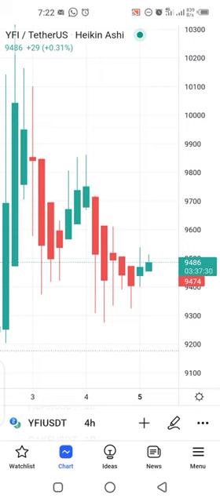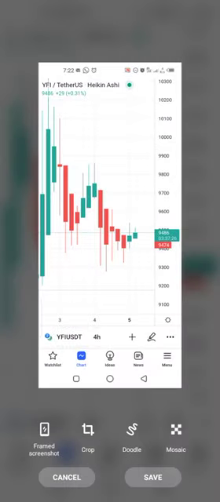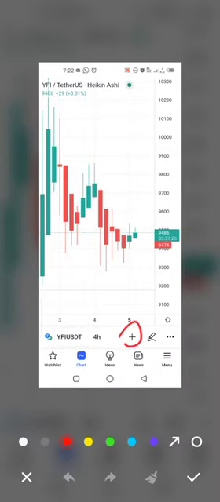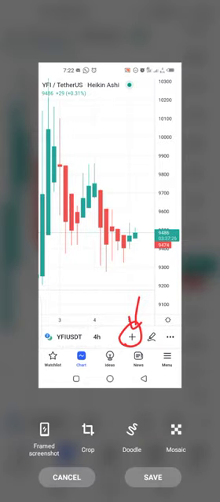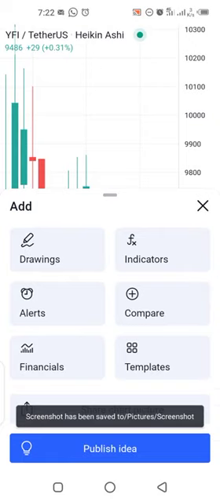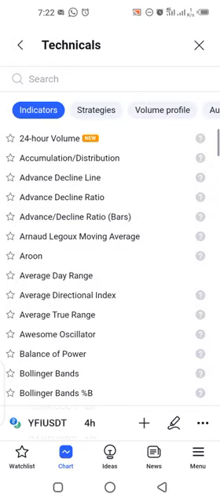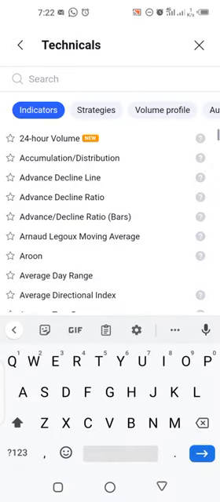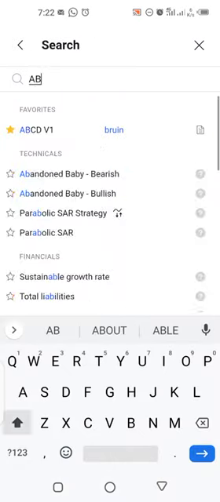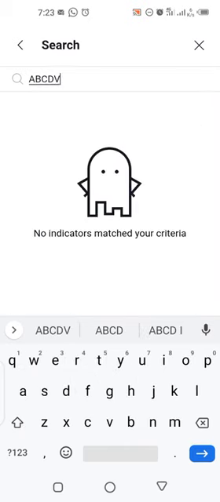So we are going to come down here and tap on the plus sign. After tapping the plus sign, we go to FX indicators, then technical, and type in A, B, C, D, V1.